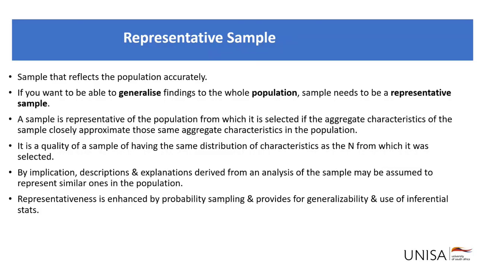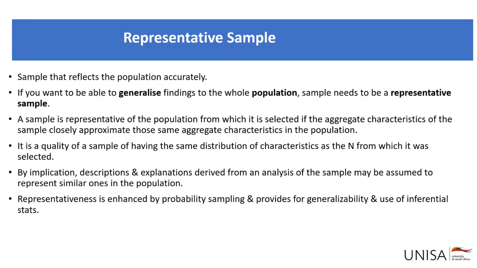When the sample reflects the population accurately, you have achieved the representative sample. Now, why is that important? It's important if you want to be able to generalize findings to the whole population. If you want to do that, you make sure that the sample must be representative of the population.